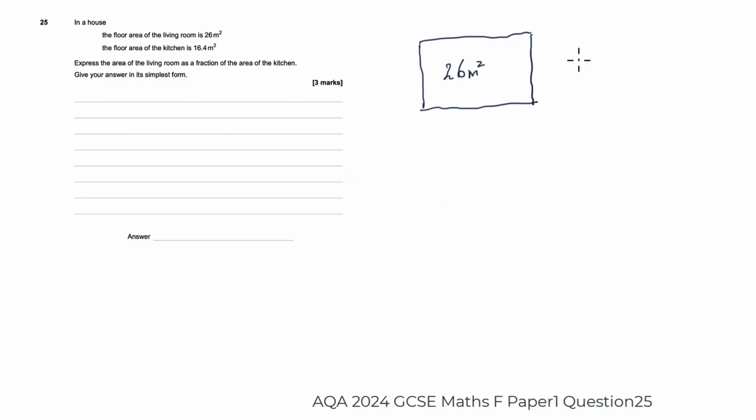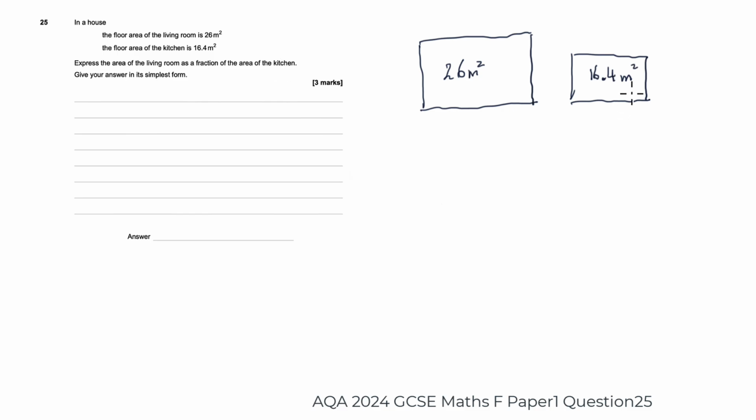It's 16.4 square meters. Now, what's the question asking us? We have to express the area of the living room as a fraction of the area of the kitchen.